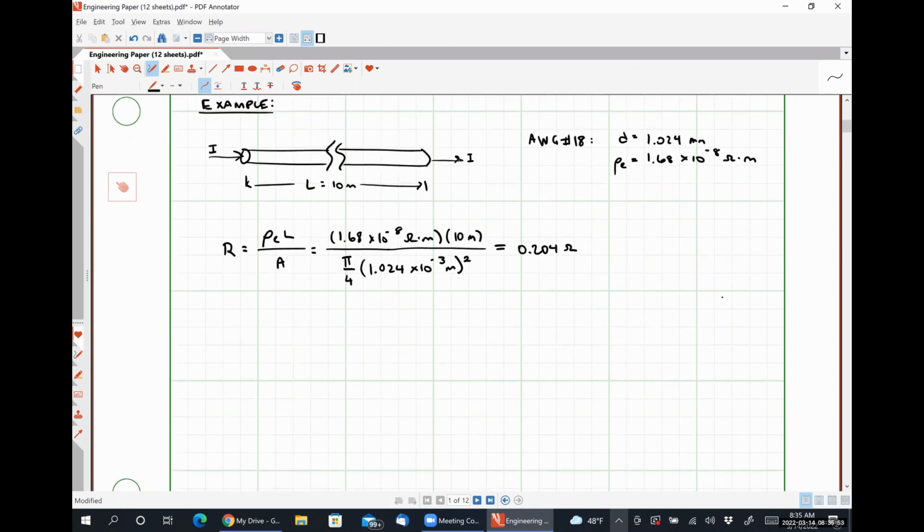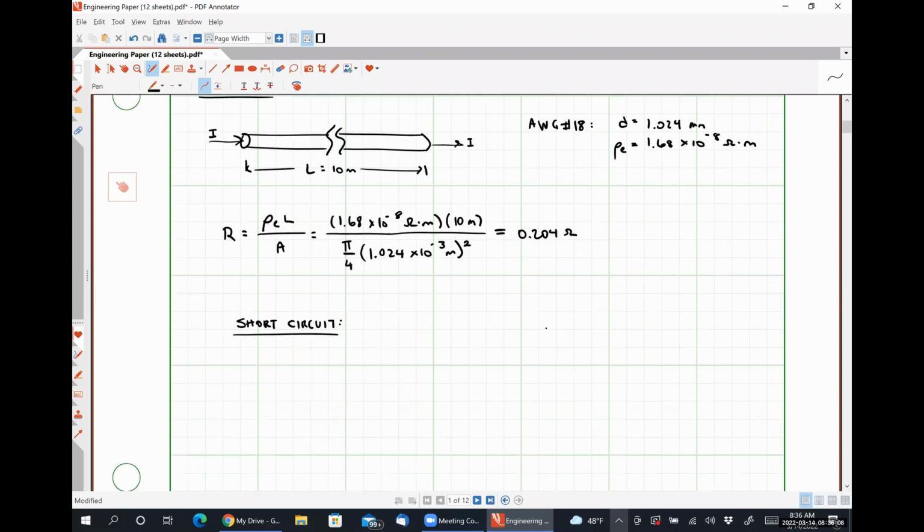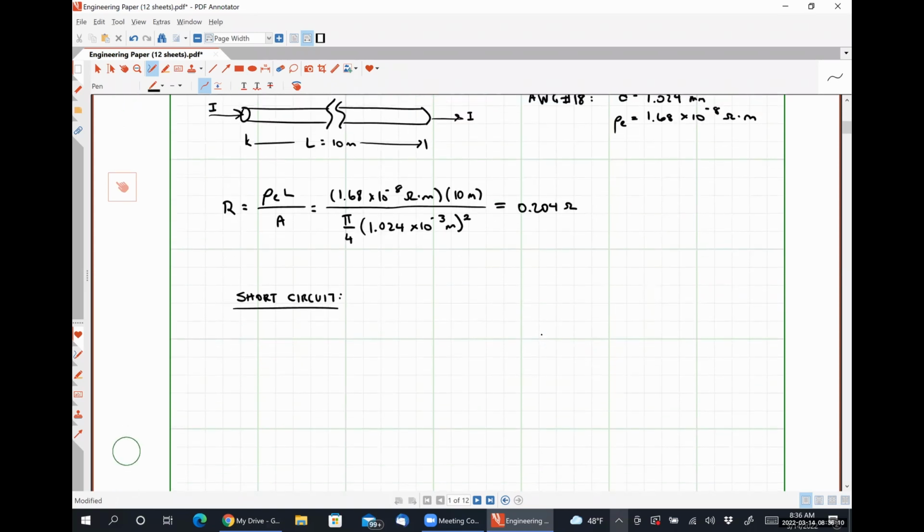which leads us to the concept of short circuits and open circuits, okay? So a short circuit we will treat as a simple section of wire, okay, that has a resistance of R equals 0 ohms.